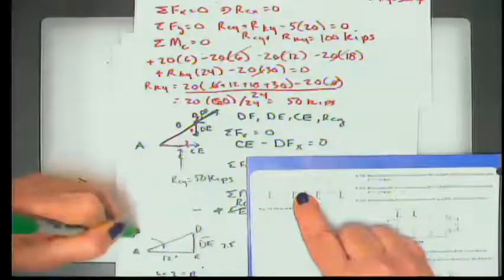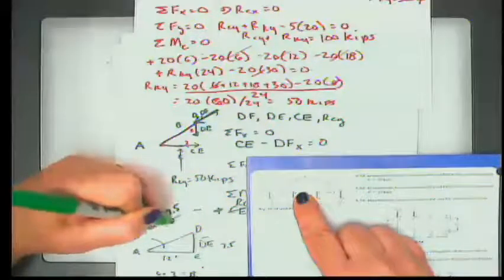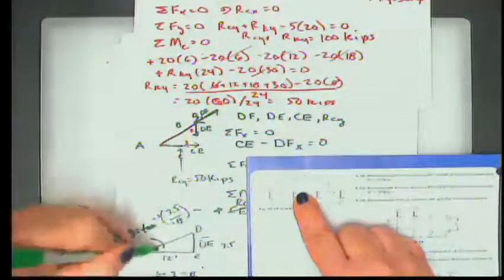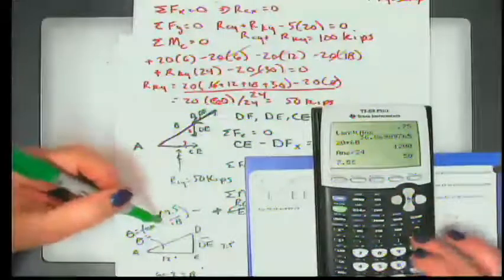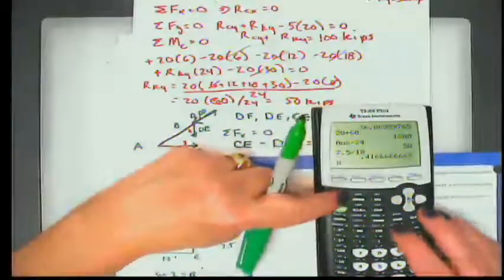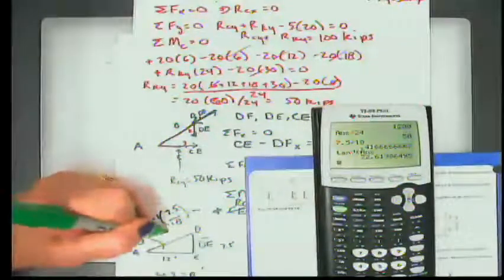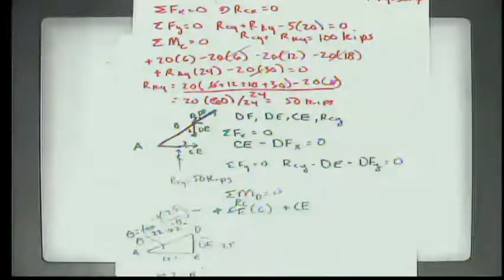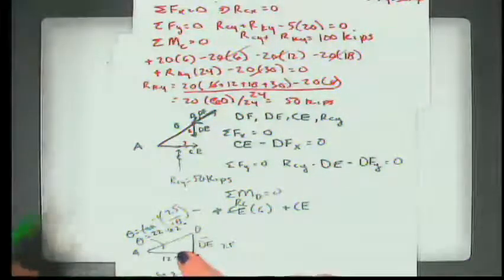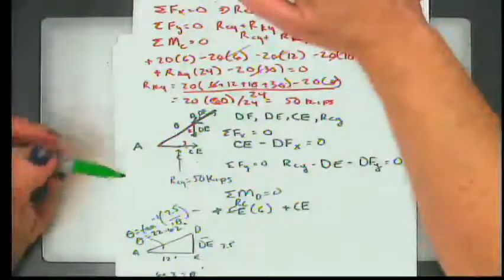So that means theta is equal to the inverse tangent of 7.5 over 18. Take the inverse tangent of that value, and that angle is 22.62 degrees.